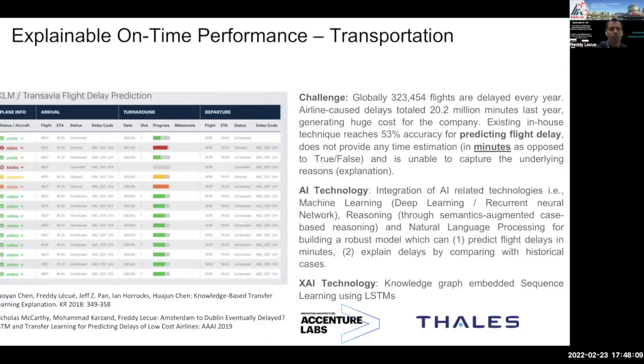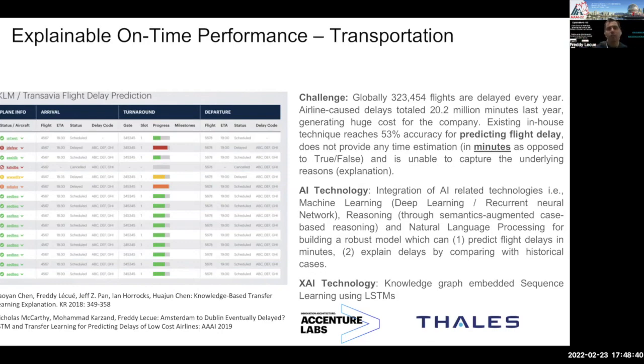I also worked with an airline company back when I was at Accenture, where we tried to predict flight delays and also explain flight delays. It was very critical for them, because explaining it will provide them insight into what needs to be changed, or maybe the strategy, because a plane doesn't operate only one flight a day. It operates on a sequence or a chain.